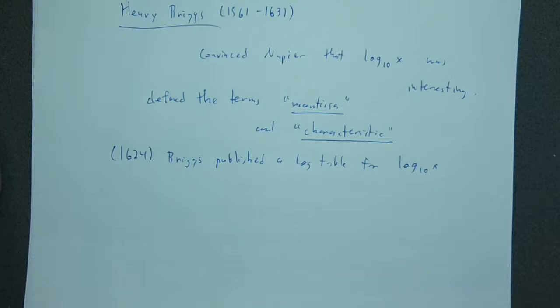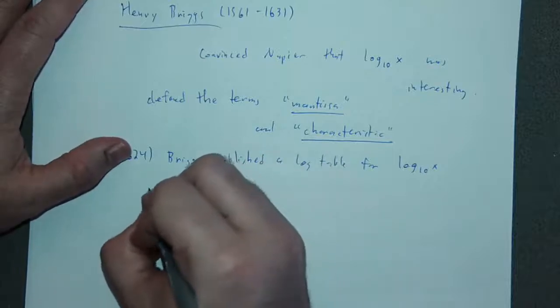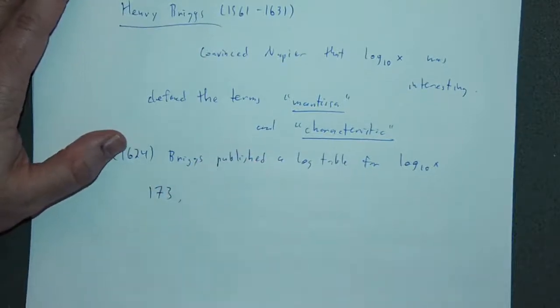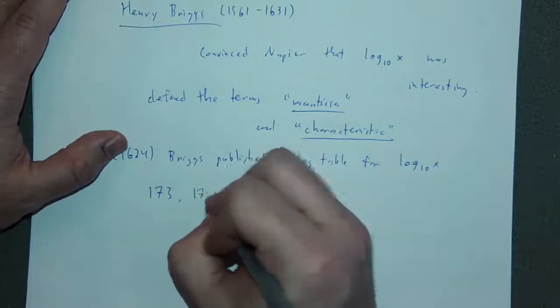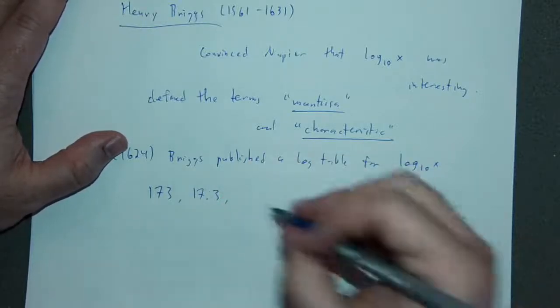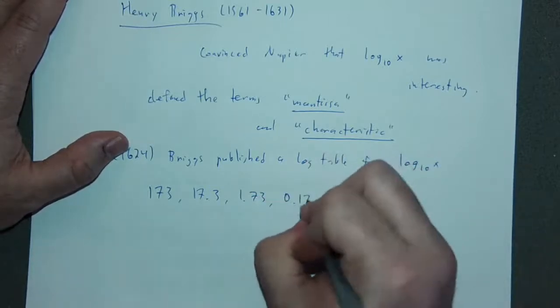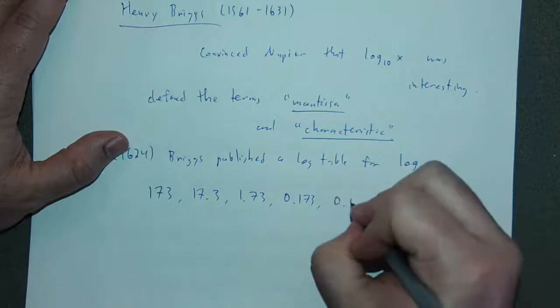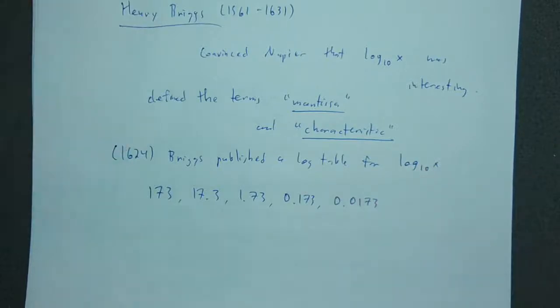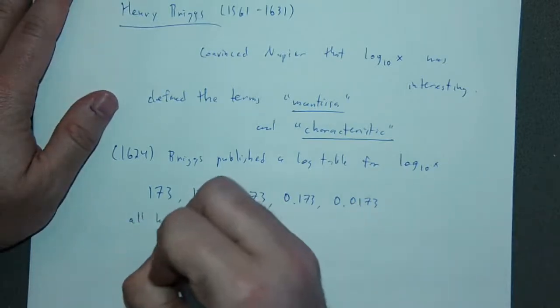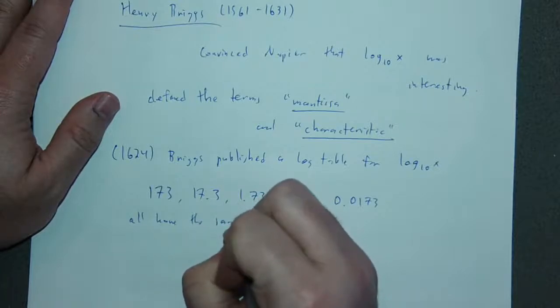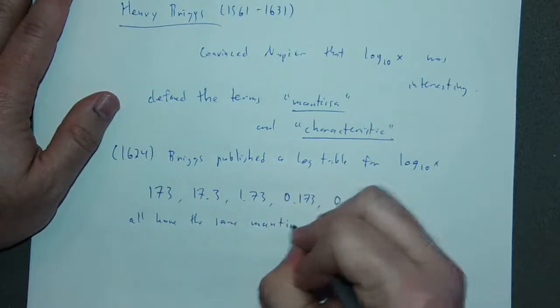Basically, if you have numbers, say 173, and this is base 10, 17.3, 1.73, 0.173, 0.0173, all of these are said to have the same mantissa.